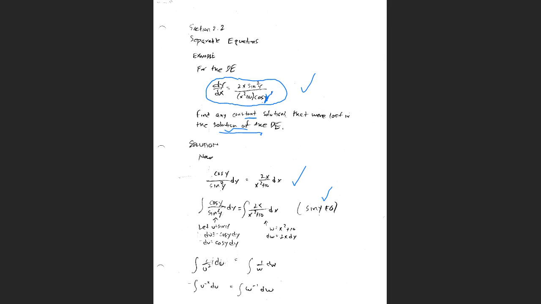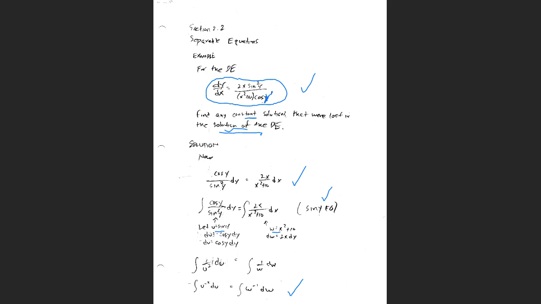And on the left side of the integral I make a substitution, u equals the sine of y. And on the right side, I let w equal x squared plus 10. And so you get the integral of 1 over u squared du equals the integral of 1 over w dw.